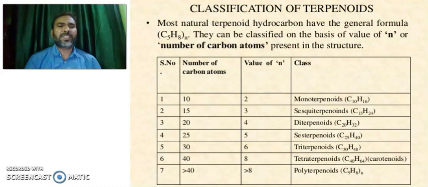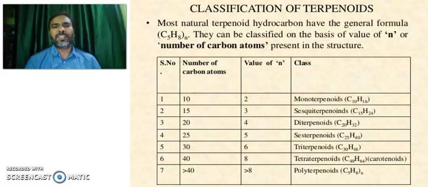Number of carbon atoms 10, 15, 20, 25, 30, 40, more than 40. Value of n 2, 3, 4, 5, 6, 8 and more than 8. And then the class. If you have the number of carbon atoms 10, value of n 2, the class is monoterpenoids, and the formula of monoterpenoid is C10H16.